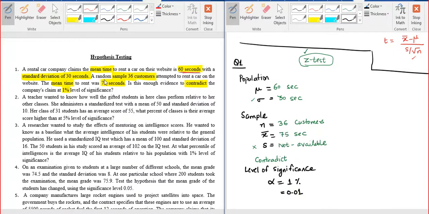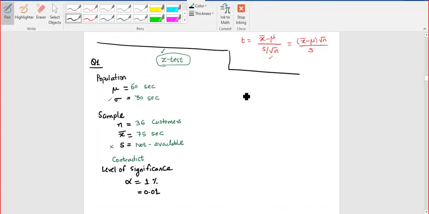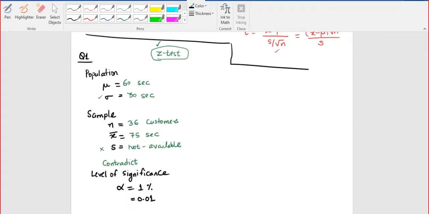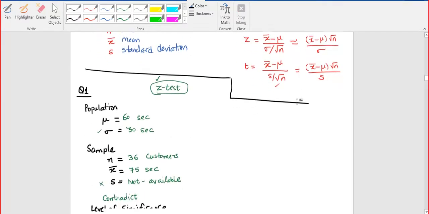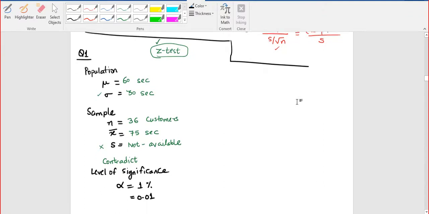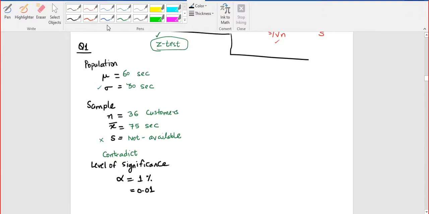This is the information available to us from the question. Now we need to apply the testing process to get the solution. The very first step will be to frame the null hypothesis and the alternative hypothesis.